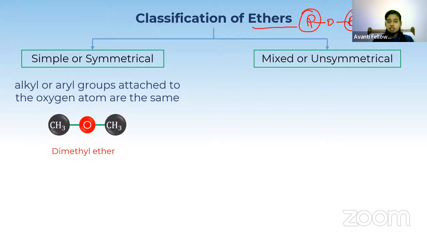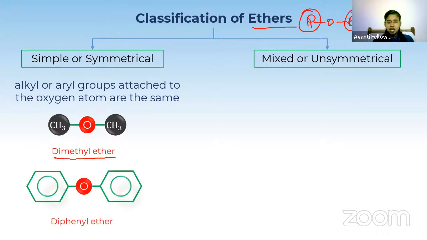CH3 means methyl, so it is called dimethyl ether. It is an example of symmetrical ether. In the second example, we have two phenyl groups. This is one C6H5 and this is another C6H5, which is called phenyl. So diphenyl ether is an example of symmetrical or simple ether.